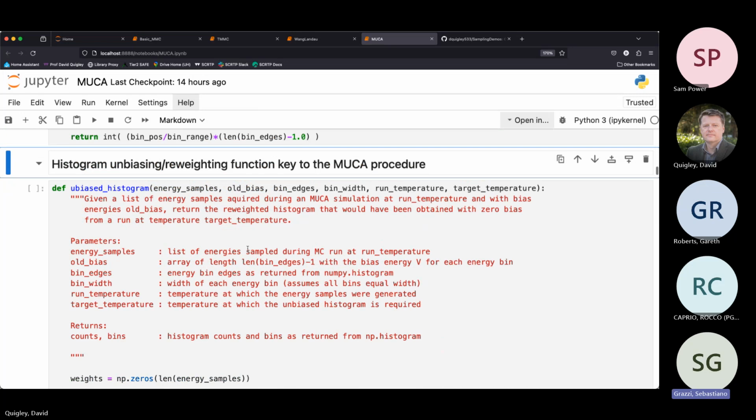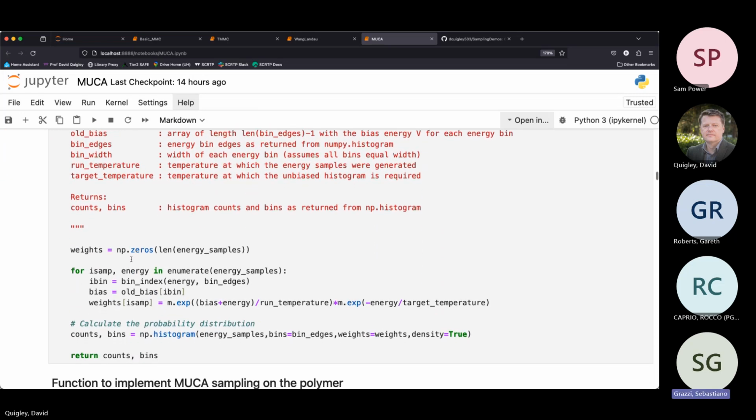Okay, so this is a function that's going to be key to the procedure. So given a set of energy samples that I've generated that are distributed according to P tilde in my biased simulation, give me back the histogram, give me back P of U that is unbiased at some other temperature, which may be the same temperature I ran at if I'm interested in that as well. So that's very simple, I'm just creating a set of weights, one for every sample.